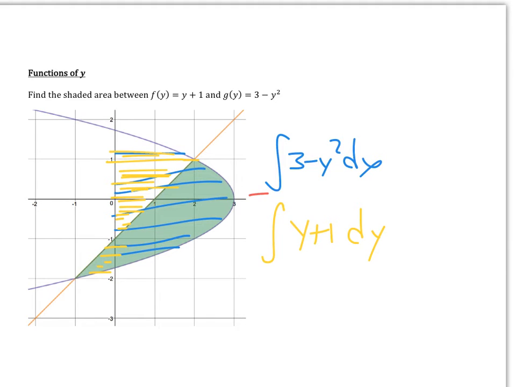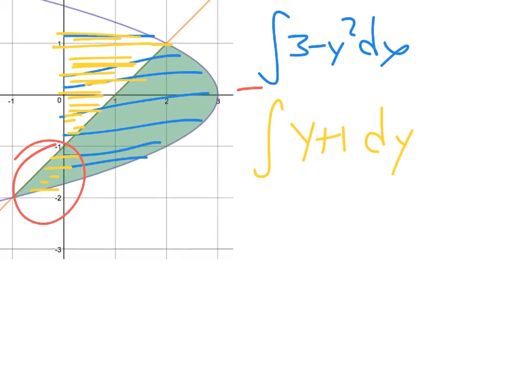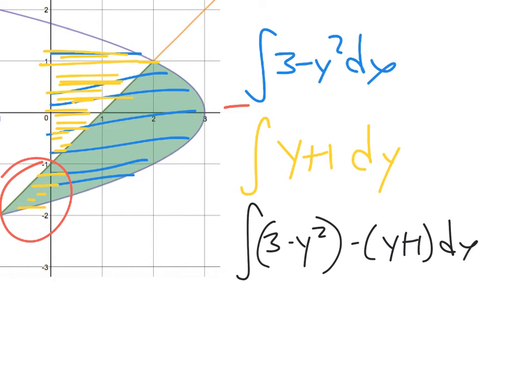Now again, down here we're going to have minus a negative, which is going to give us a positive, because this would actually be negative area part of this integral, but we're subtracting these two things, and so it'll work out just fine. So let's put that together into one integral. So we've got the integral of 3 minus y squared, and we'll put that in parentheses, minus y plus 1 dy.